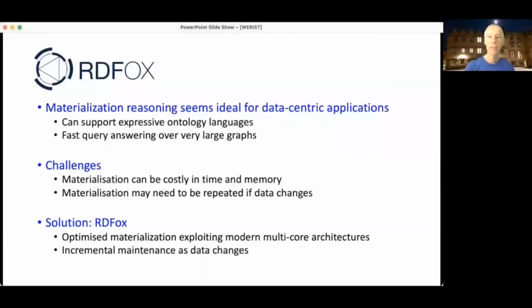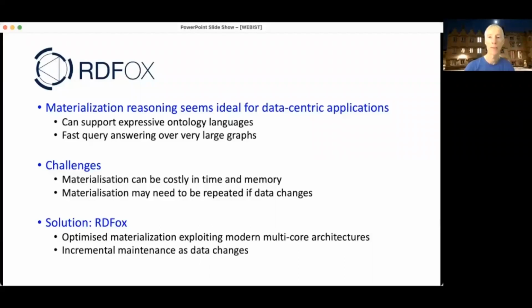Our objective in developing RDFox was to support applications where the focus was on SPARQL query answering over large-scale RDF graphs, augmented with OWL2 ontologies and/or datalog rules. We chose a materialization-based approach in order to support expressive ontologies and rules, while at the same time providing high-performance query answering over very large graphs.